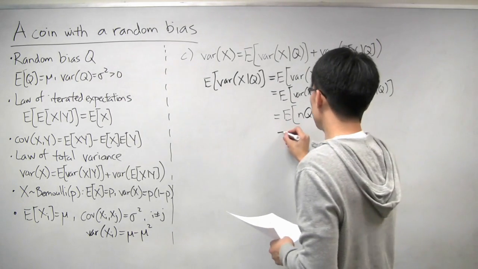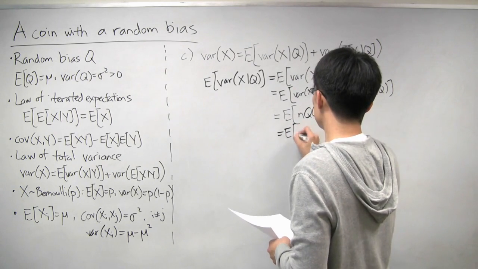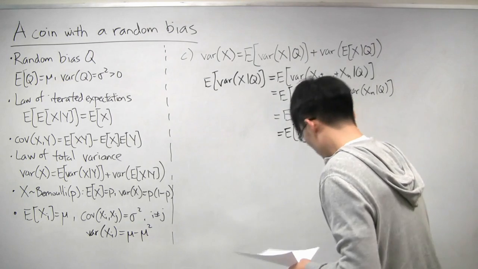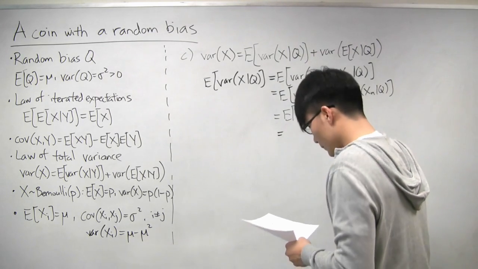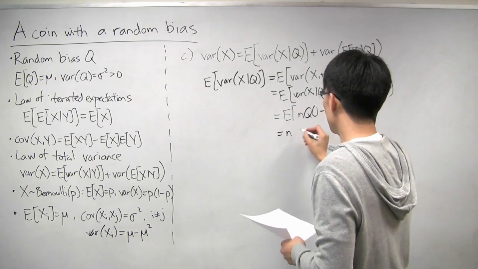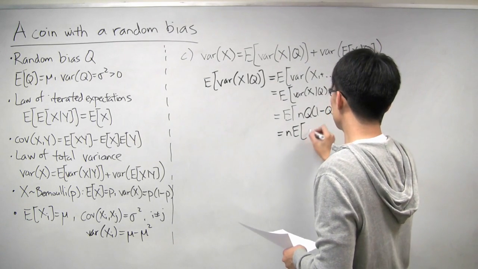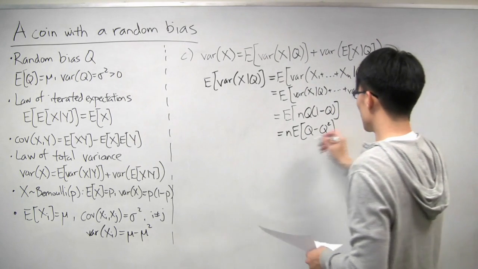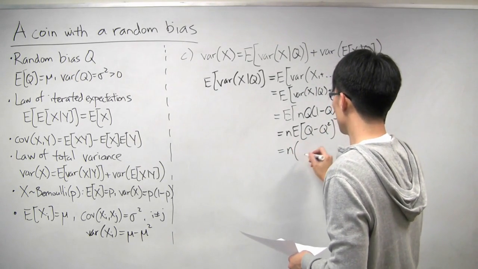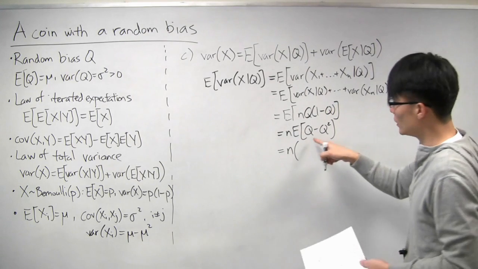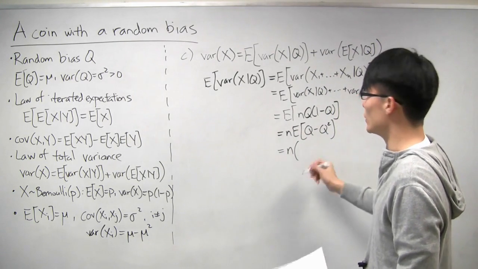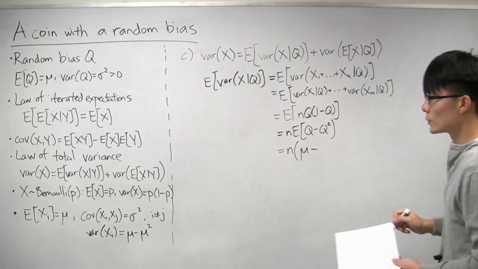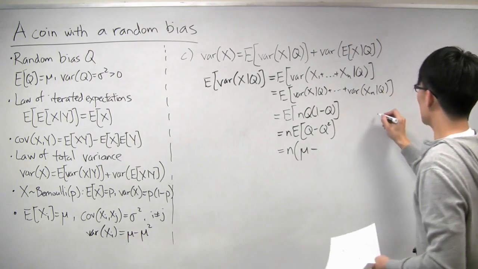All right. And now this is the expectation of n. You can pull out the n. So it's n times the expectation of q minus q squared, which is just n times the expectation of q minus the expectation of q squared. We can use linearity of expectations again. The expectation of q is mu. And the expectation of q squared is, well, we can do that on the side.